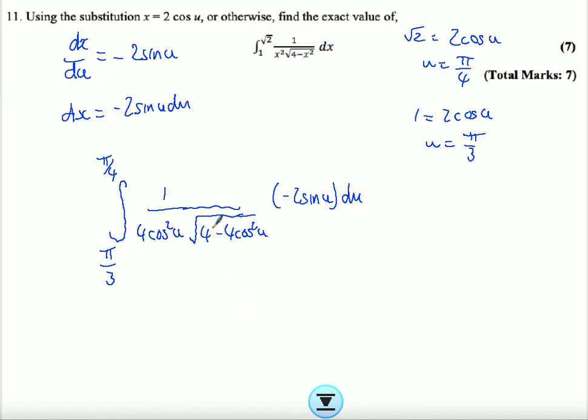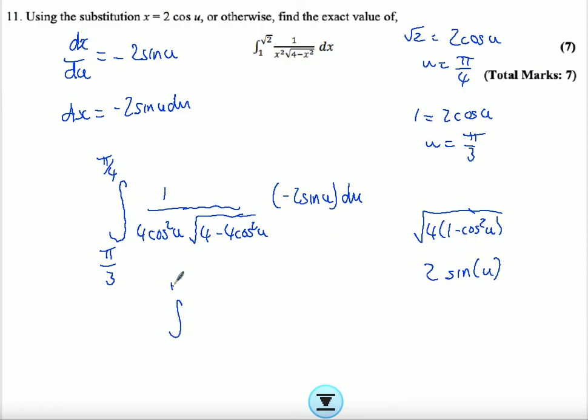So 4 subtract 4 cos squared u can be written as the square root of 4 lots of 1 subtract cos squared u, right? Root 4 is 2, and then the square root of 1 subtract cos squared u is sine u. Oh, that is absolutely beautiful, actually, when you think about it. That's quite difficult to spot, but this can be rewritten like this.